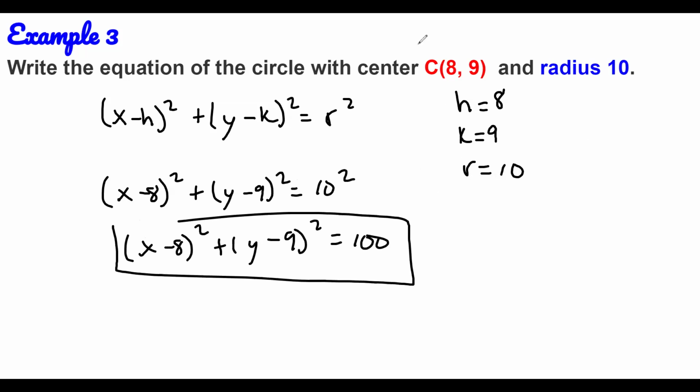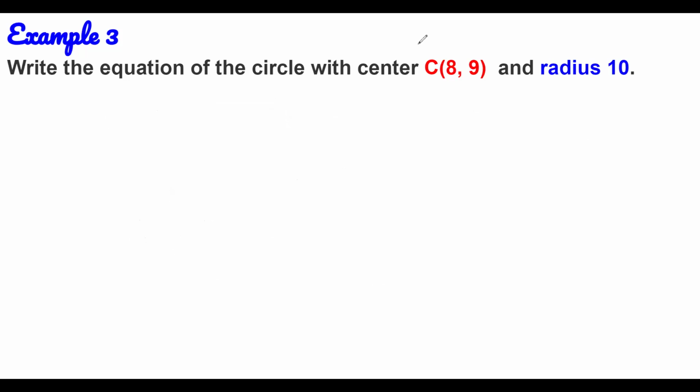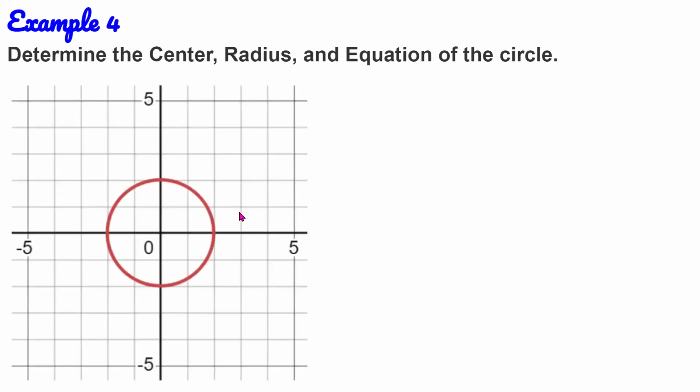Now, what would happen if I were to be given the information in a different way? Let's go ahead and see what happens. Okay, so here we go. Determine the center, radius, and equation of the circle. Now, what if you were to be given the graph instead of the parts? What would we do? Well, we have a circle.